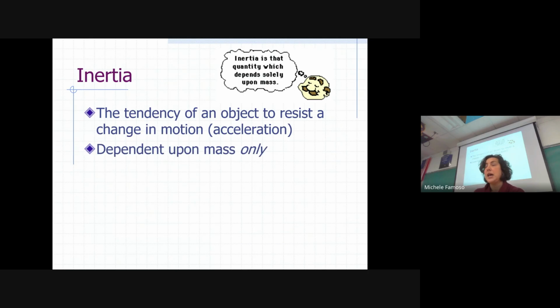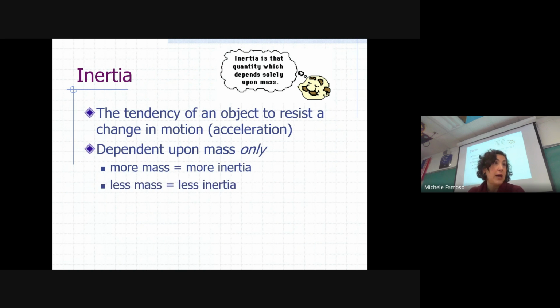And as we just said, it's dependent solely on your mass, which means the more massive you are, the more inertia you have. Or the less mass you have, the less inertia you have, the more easily we can get you to change your motion.